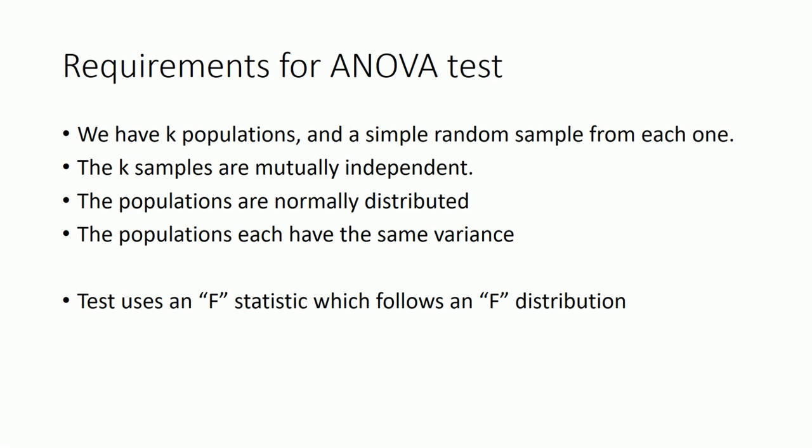And we're also assuming that the populations we're sampling from are normally distributed. Now, this assumption can be tested for separately. There's something called a normality test that we're really glossing over in this course, but basically you can look at your samples one by one and check whether they look like they are normally distributed.